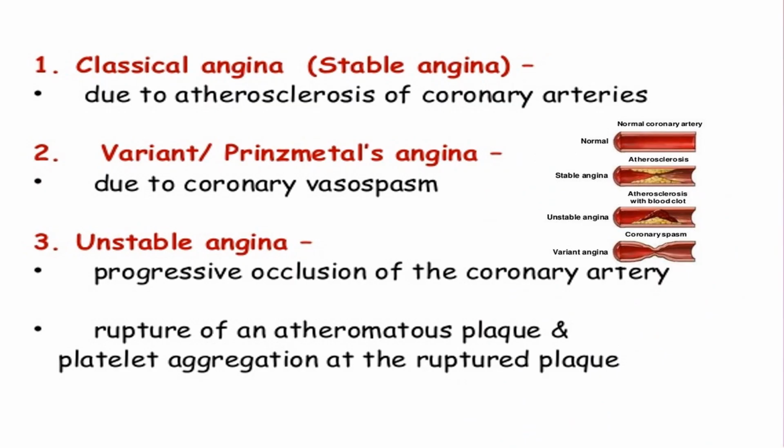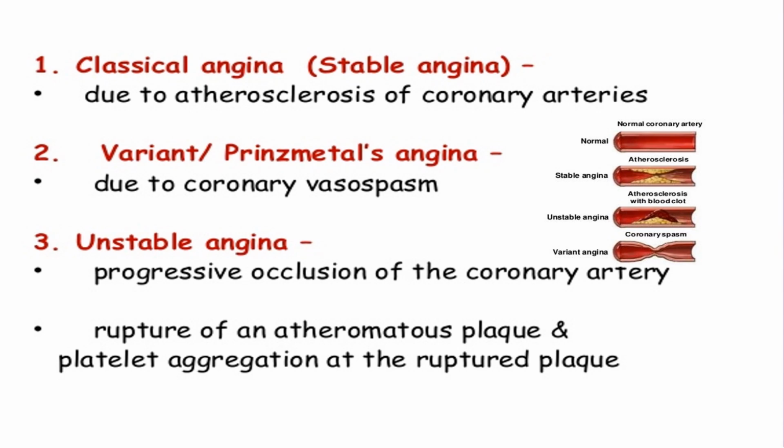Now we will see short definitions of these types of angina. What happens in classical angina? It is due to atherosclerosis of the coronary arteries. What is variant angina? It is due to transient coronary vasospasm, meaning the coronary arteries contract for a short period of time.